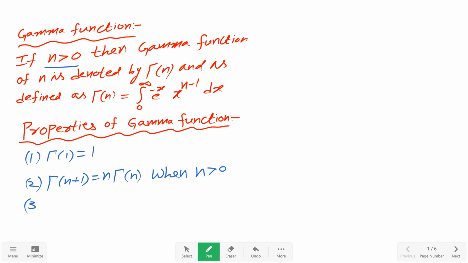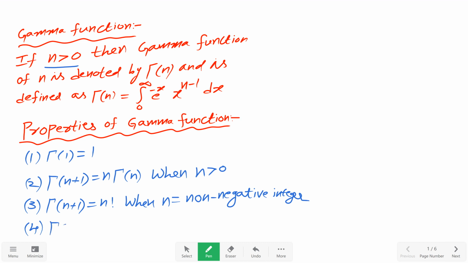The third property is gamma of n plus 1 is equal to n factorial, when n is a non-negative integer.